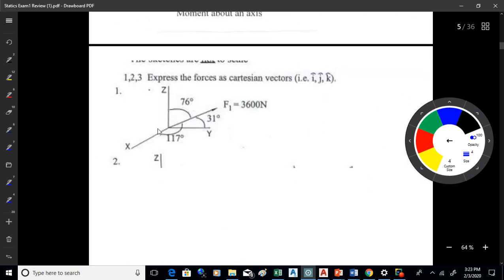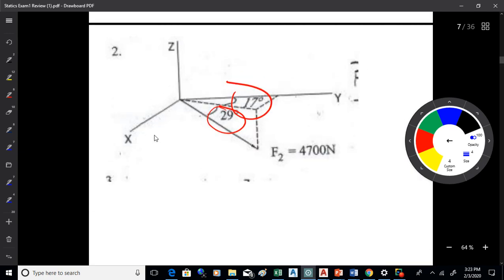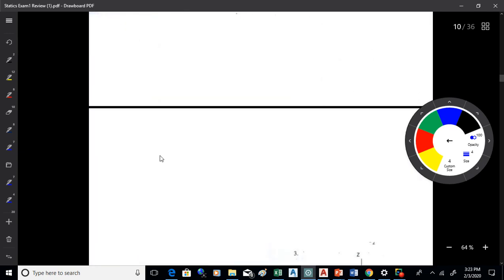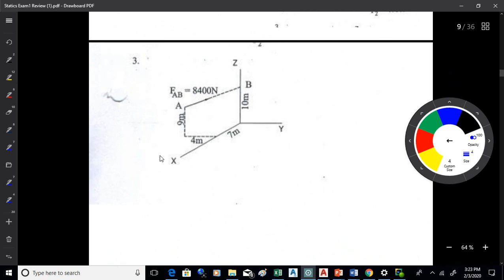Okay, so what you'll notice here on these example problems, the third one down, and these might have different numbers on them, but the third one down has a force vector that you're supposed to find. And then the fourth one, which I think is on the back side, has some position vectors to find.